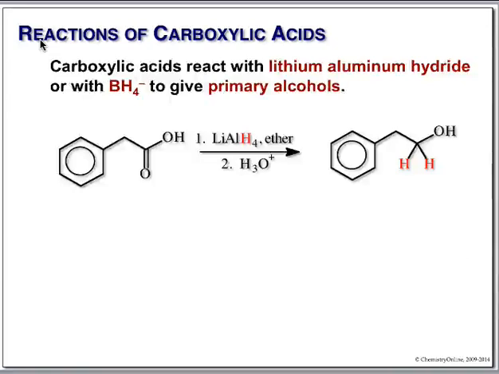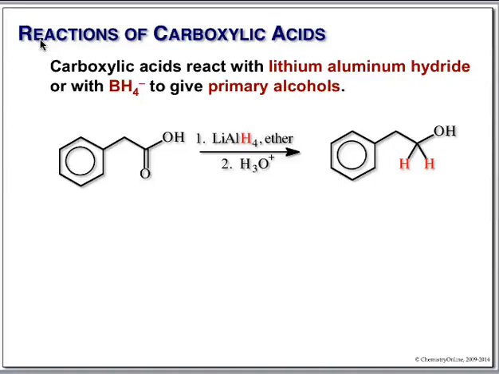All right. Back in chapter 17, we talked about making alcohols. We said we could make alcohols by reducing things with either lithium aluminum hydride or borohydride. Turns out that one of the things you can reduce is a carboxylic acid.